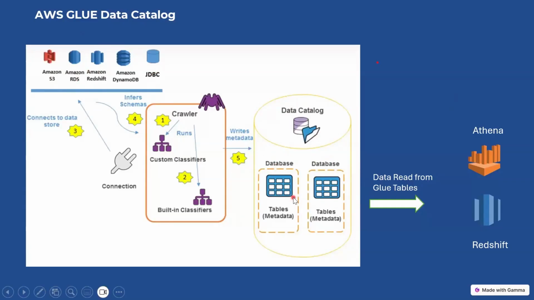So what is metadata, guys? It's nothing but the databases and tables that you are seeing over here are logical tables. That means they are not physical. The data is still existing in its layer, but you can query from these logical entities or logical tables that the data catalog creates. But guys, you see the real benefit of it in an organization, where there can be multiple data sources. An organization can put their data in S3, RDS, right?